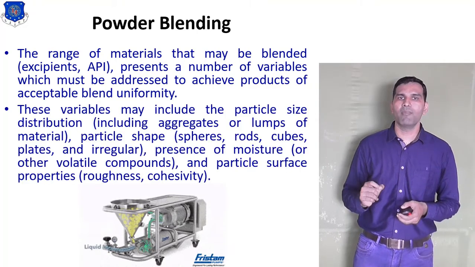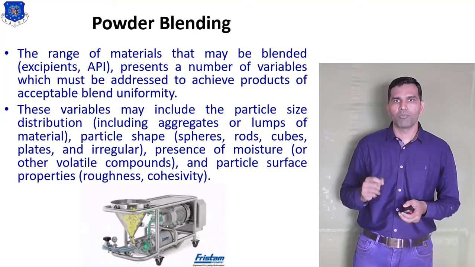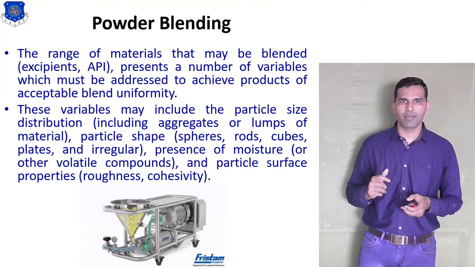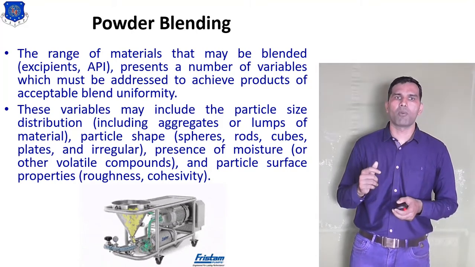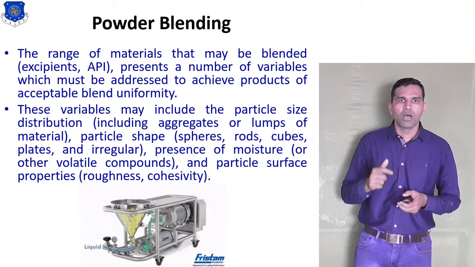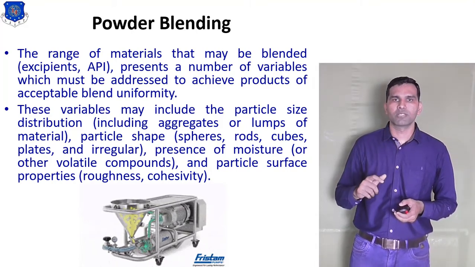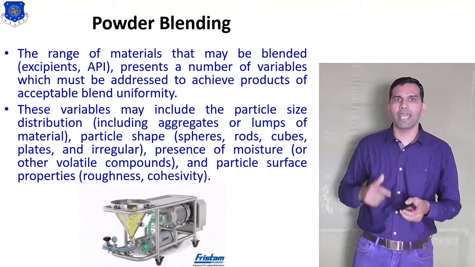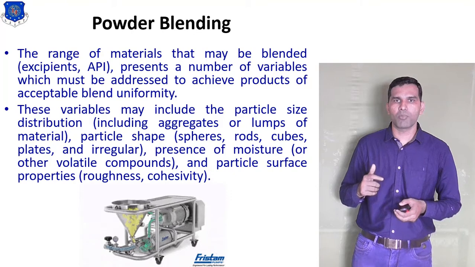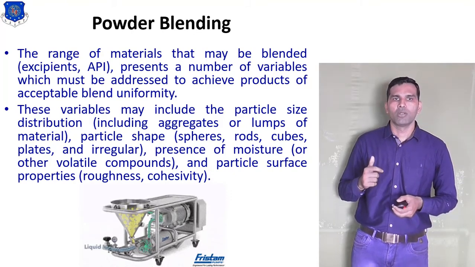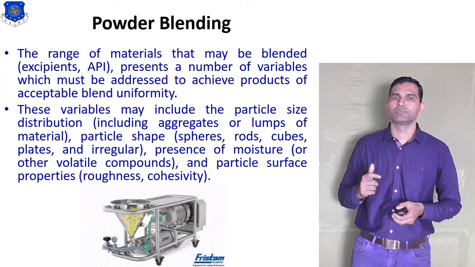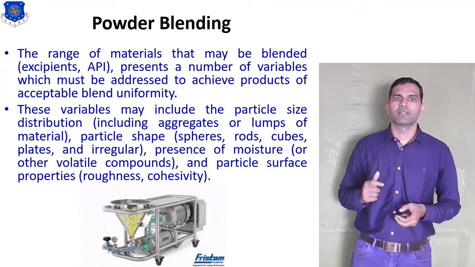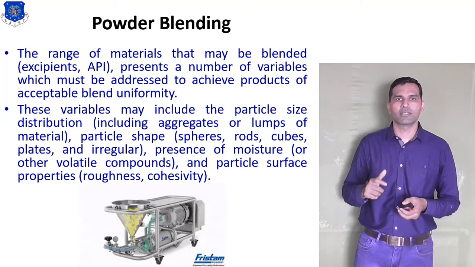These variables may include particle size distribution, including aggregates or lumps of material, then particle shape, that means spheres, rods, cubes, plates and irregular, then the presence of moisture, that means volatile compounds, and the particle surface properties like roughness and cohesion.